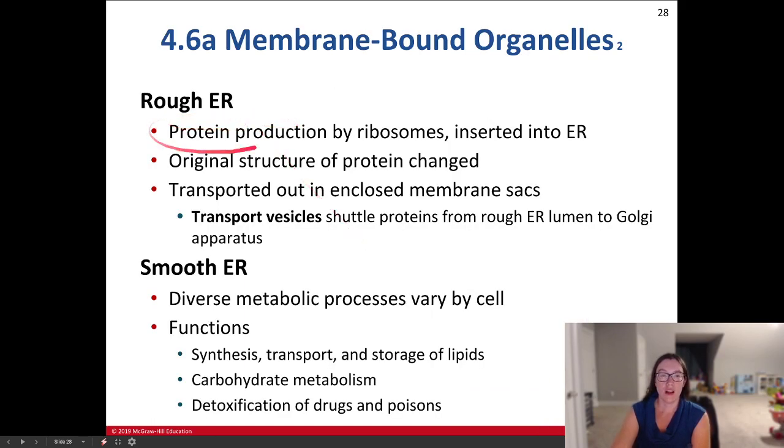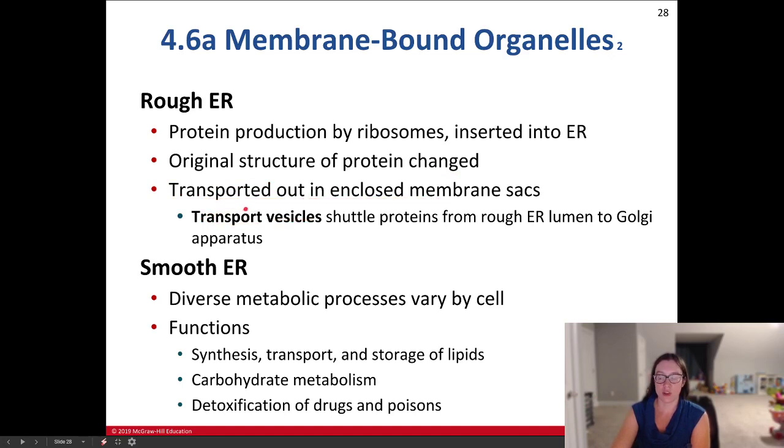The rough ER is very important in producing proteins, because the ribosomes are embedded in it, and ribosomes make proteins. The ribosomes make the proteins, and then the proteins go into the rough ER, which modifies them and gets them ready for shipping. Then it transports them out.